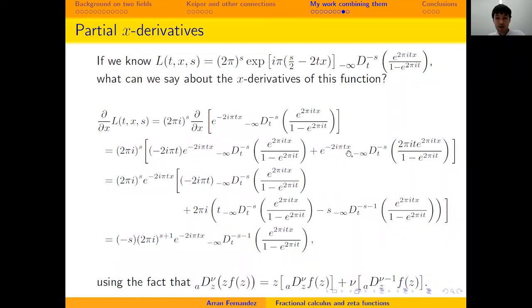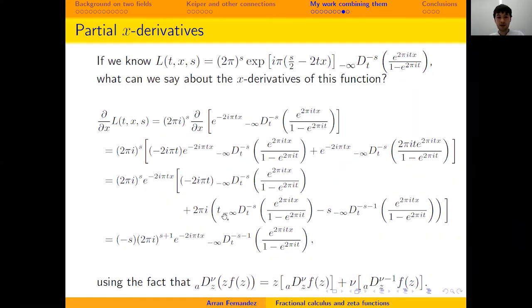So then we have the fractional t derivative of 2πi, which is constant, t times this exponential thing in terms of t. So then we use a special case of the fractional Leibniz rule, which looks like this. Substituting that in there, we have t times the derivative of this exponential thing minus s times the derivative of, again, this exponential term.